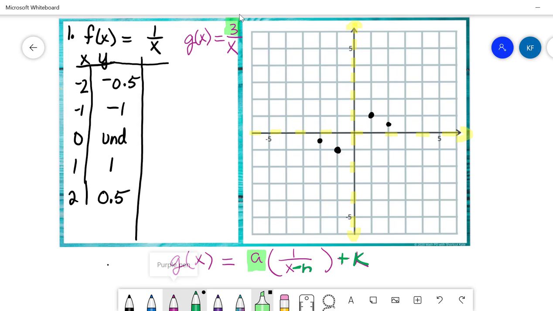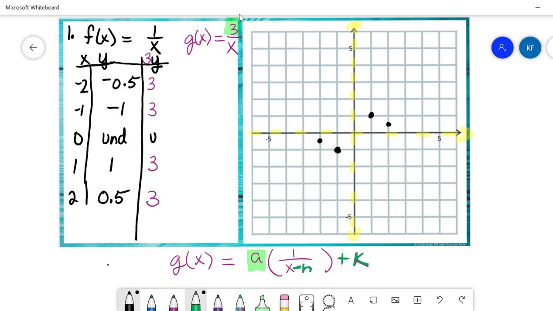So what am I going to do? Well, what you do is you come over here and you multiply all the y values by 3. All the y values by 3. So I'm going to write 3 all the way down.